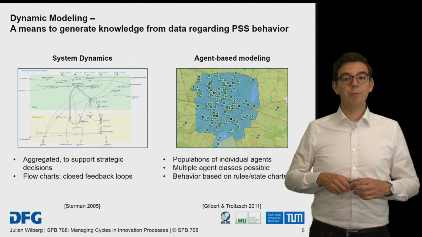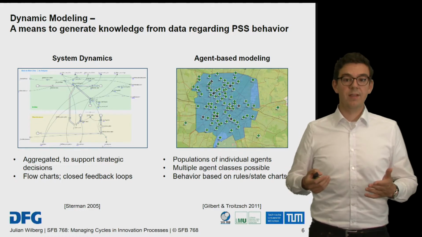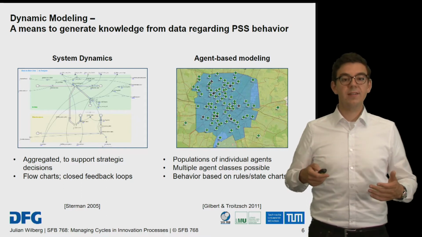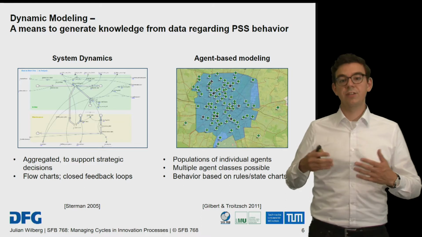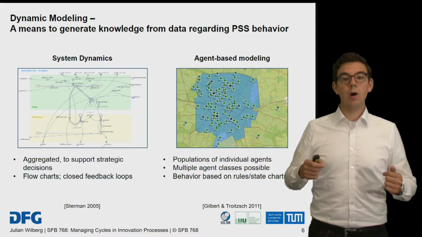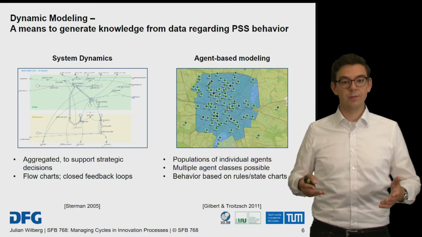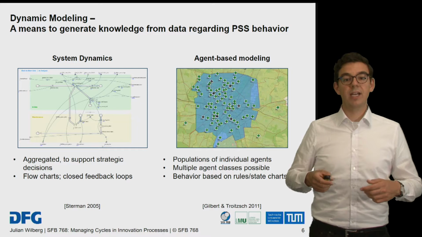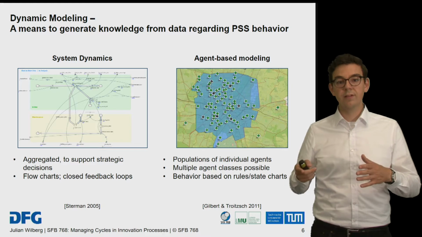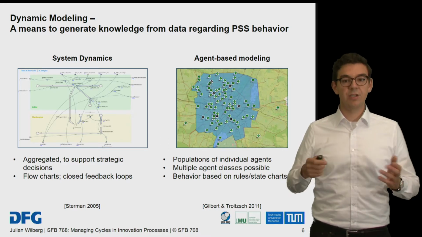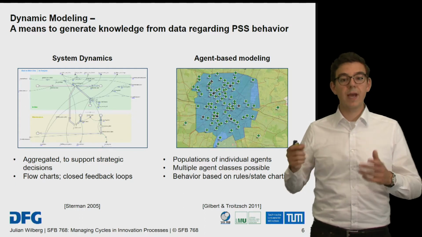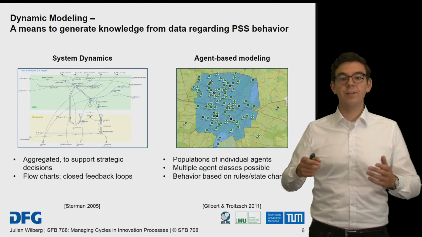For dynamic modeling, we have applied two different paradigms: system dynamics as well as agent-based modeling. System dynamics is more concerned with giving a strategic overview and focuses on the aggregated behavior. Inference of individual behavior is not possible. Using agent-based modeling, however, the behavior of individual agents is explicitly modeled using rules, for example, drawing a state chart. Agents, such as individual bikes, can subsequently be placed on a map and their behavior can be observed and recorded.